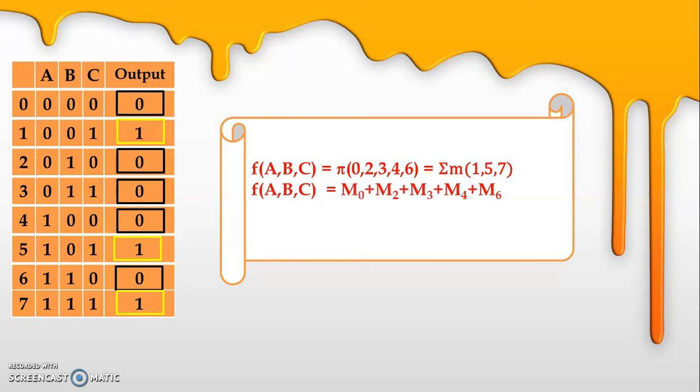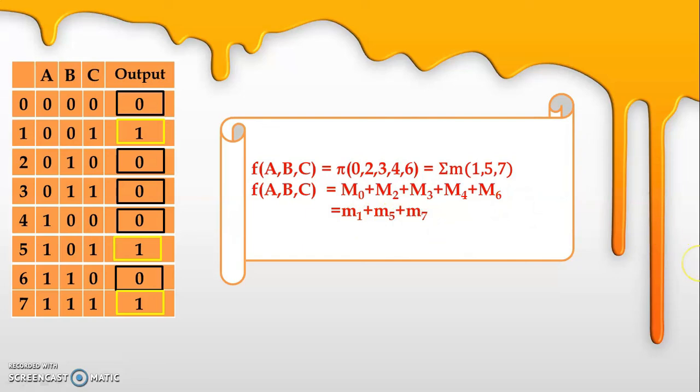If we write the function f of ABC again in terms of Maxterms, then we have M0 + M2 + M3 + M4 + M6, with capital M for Maxterm, because for 0, 2, 3, 4 and 6 we are getting output 0. In a similar way, it can be written with small m, which indicates Minterms: m1 + m5 + m7.